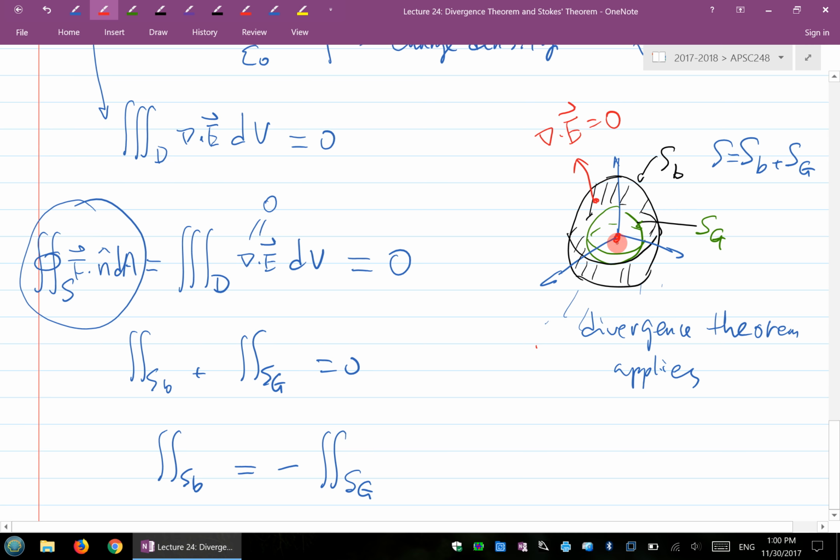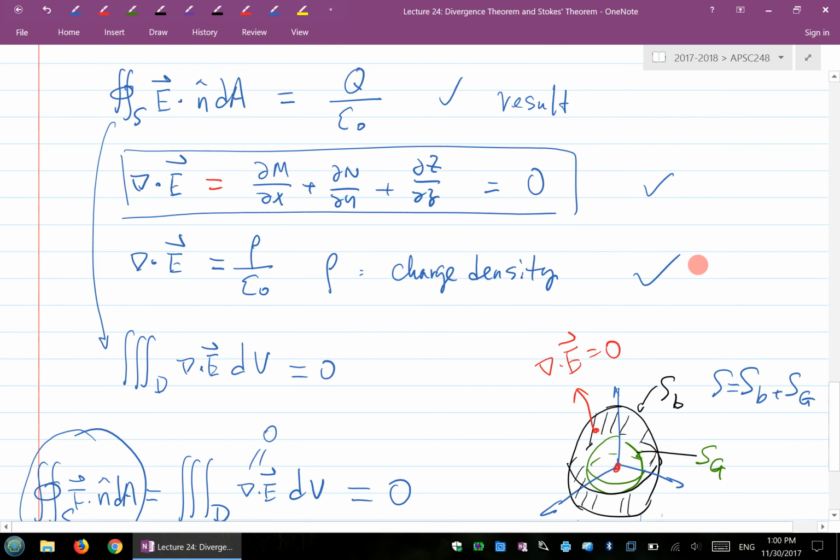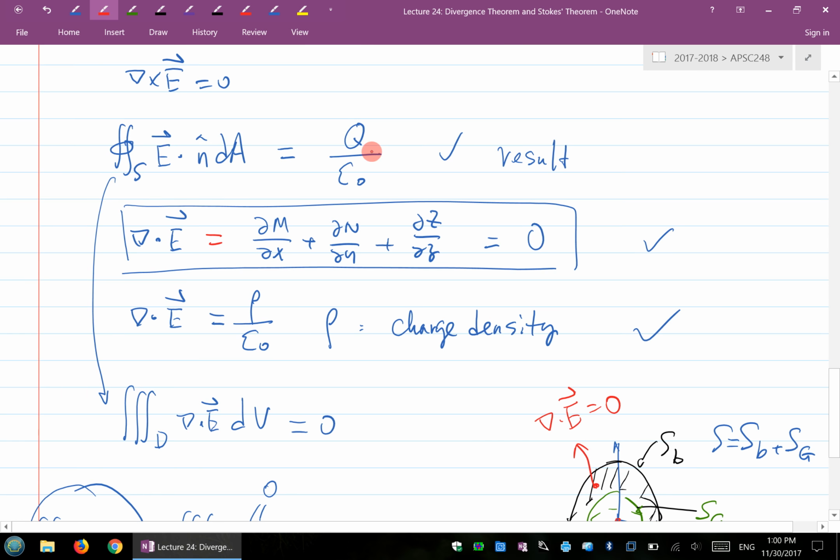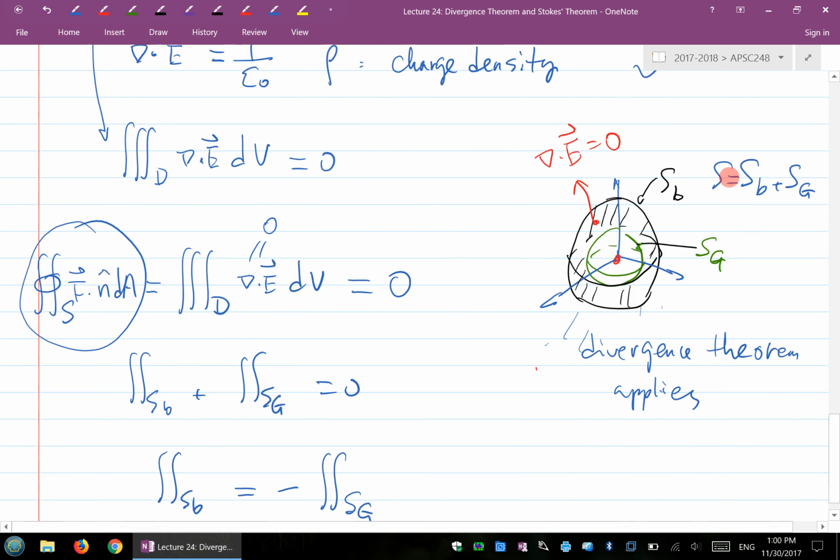It's only 0 other than at the origin, the point charge. You'll learn much more in your third year electromagnetic field course. But this is basically Gauss's law in integral form, and this is Gauss's law in differential form.